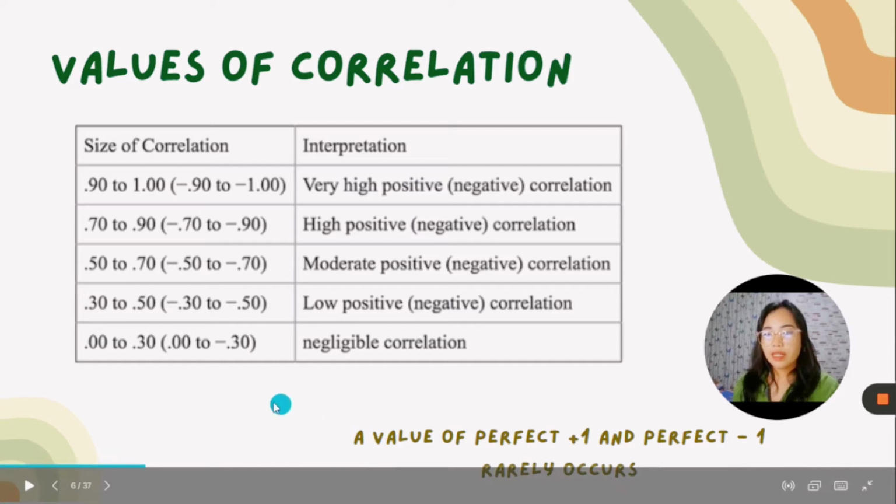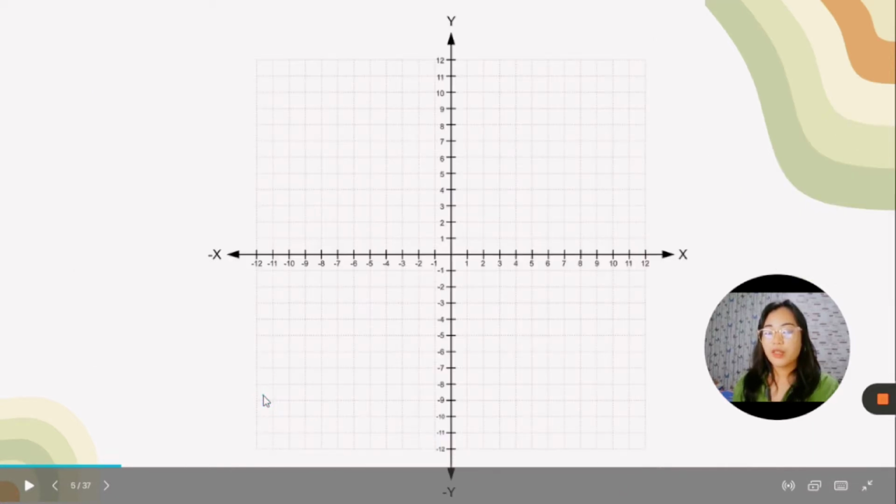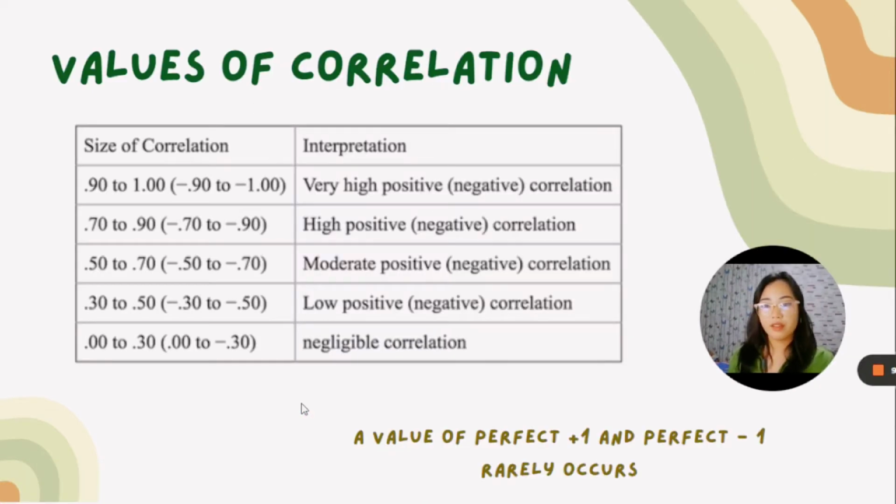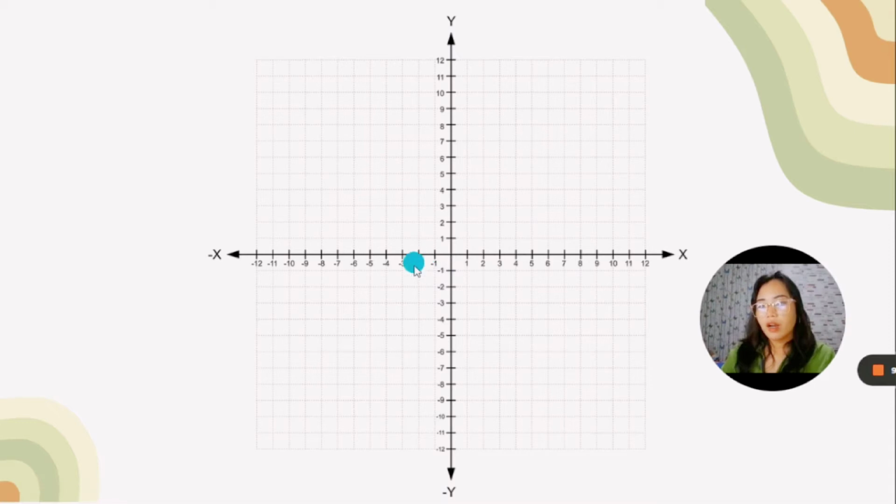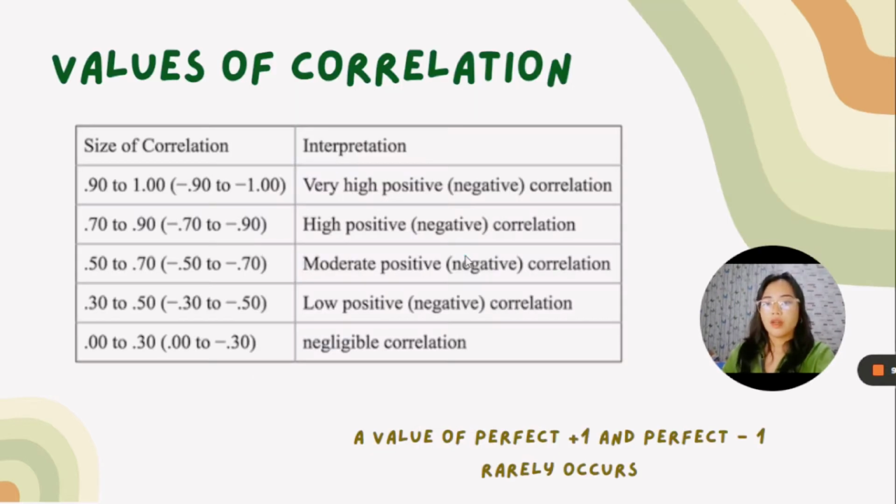As you can read on your screen, a value of perfect positive 1 and perfect negative 1 rarely occurs. According to that, a value of perfect negative 1 and positive 1 rarely occurs. Why?